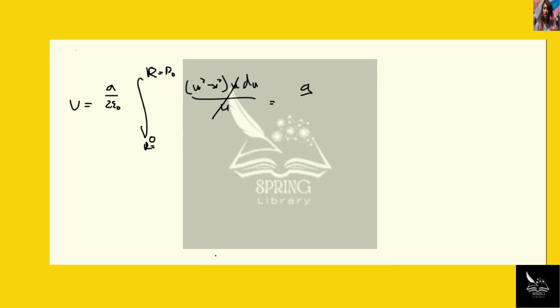And this becomes A over 2 epsilon naught, and we have 1/3 u cubed minus u x squared, and this is evaluated at r equals 0 to r equals R naught. So now we just plug back in what u equals, which was the square root of x squared plus r squared.